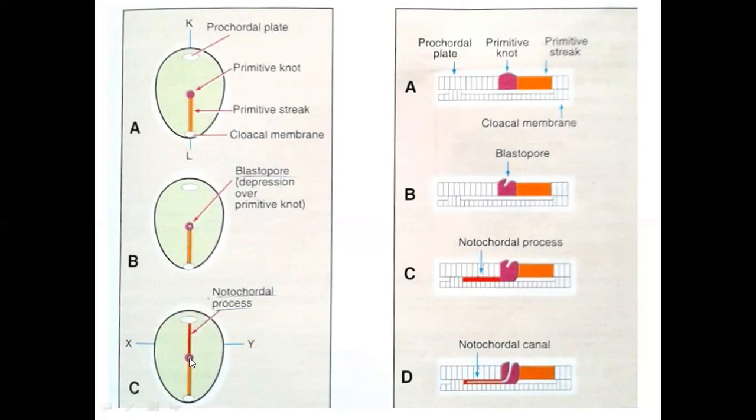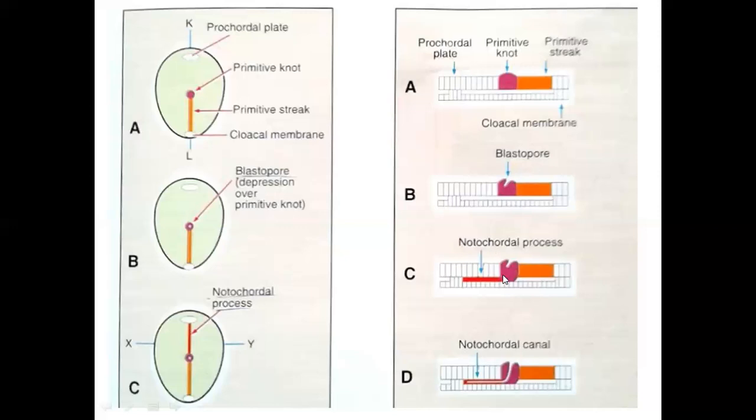So this blastopore extends in the further direction. If you take the sections here, this is the primitive streak, this is the primitive knot. Later, multiplication takes place with thickening, and a small pore forms here due to the degeneration of cells, which is called the blastopore.